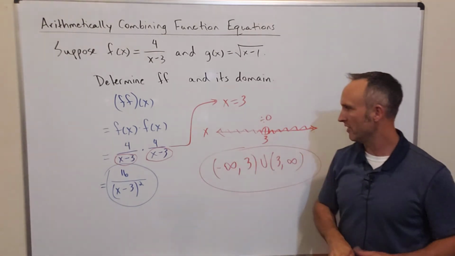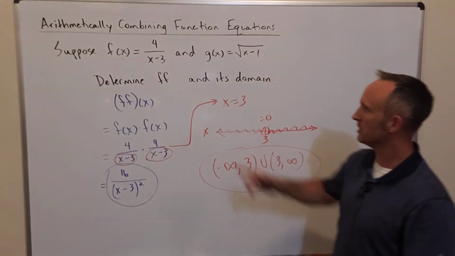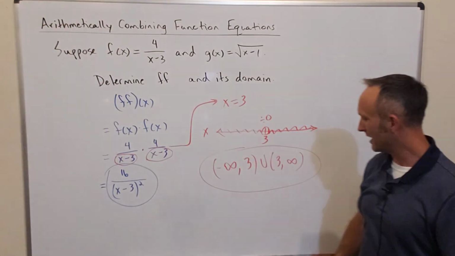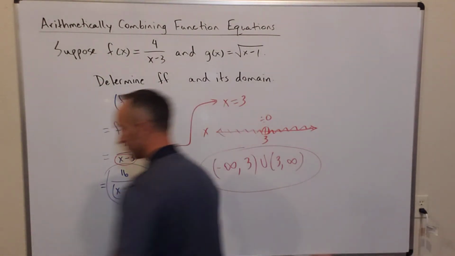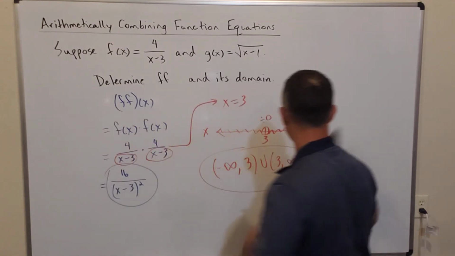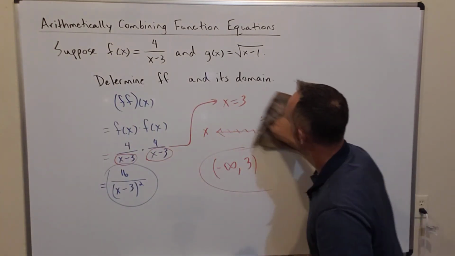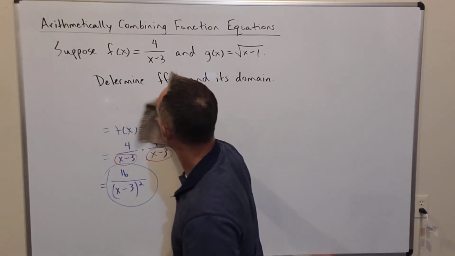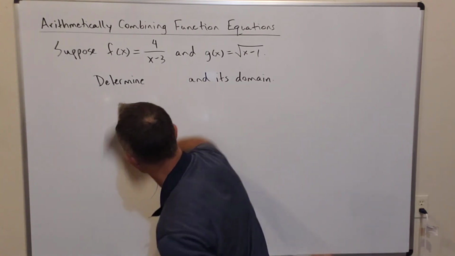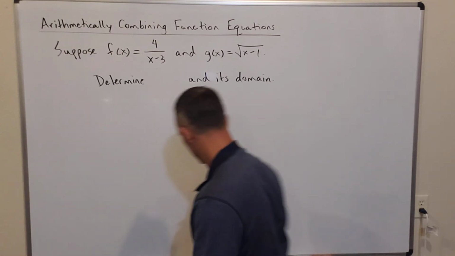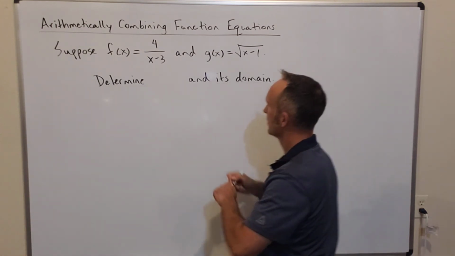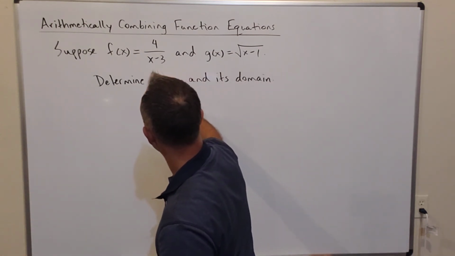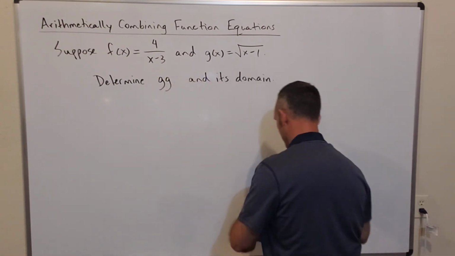A little bit simpler than the others, but sometimes when you use the same function twice, maybe that's confusing, all right? And maybe you can guess what the last example is going to be. Let's look at g times g. So determine gg and its domain.